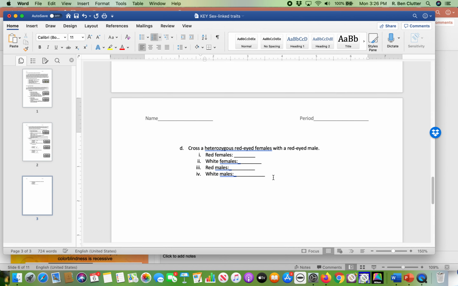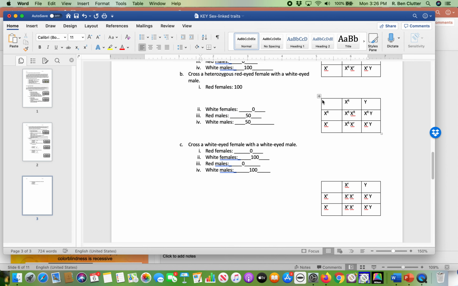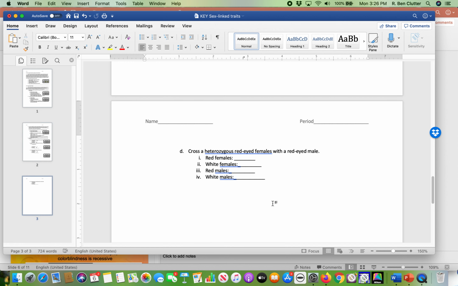All right, down here. Heterozygous red-eyed females with a red-eyed male. I'm going to copy this chart because it's most similar to this. Go down here. All right, so heterozygous red-eyed female, red-eyed male.